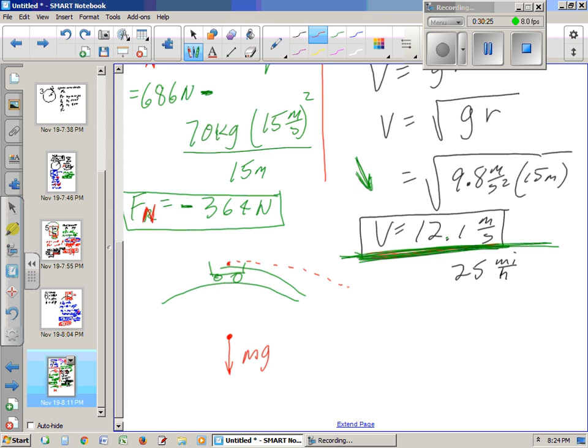So in this situation, we have to add on an additional normal force in the wrong direction, not up, which would be positive as it was before, but down. So the normal force is pushing or pulling, either one, down on this guy, and that allows him to go around the track much more quickly.